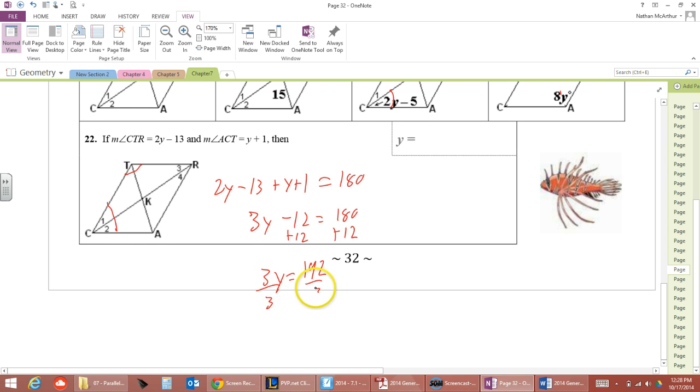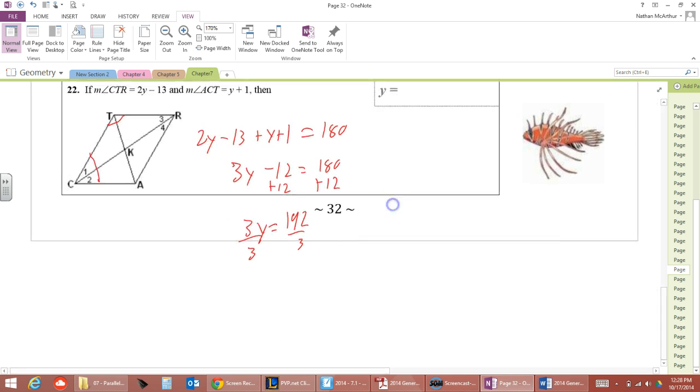Divide by 3, divide by 3. Y equals, let's do this, 3 into 192 gives me 6 times, and then 4 times. So 64. Y equals 64.